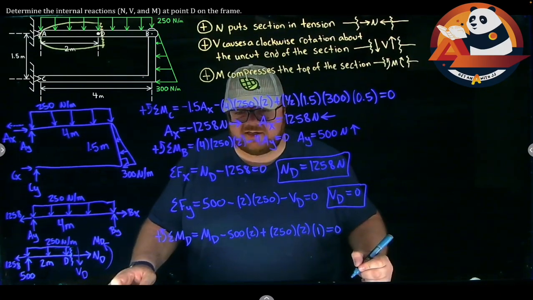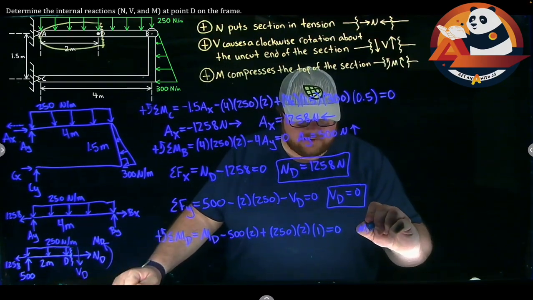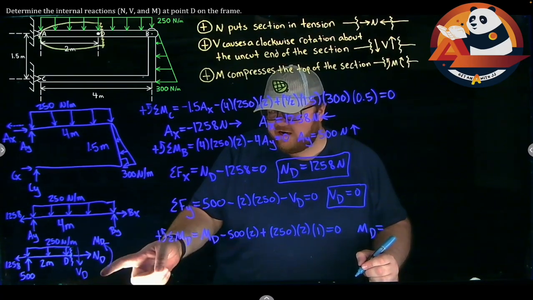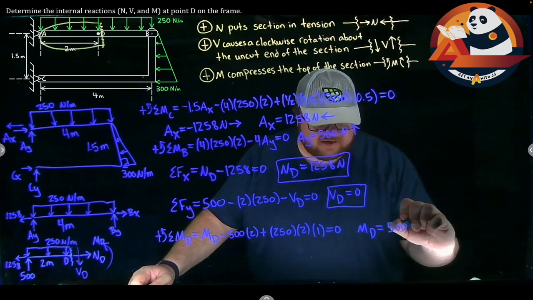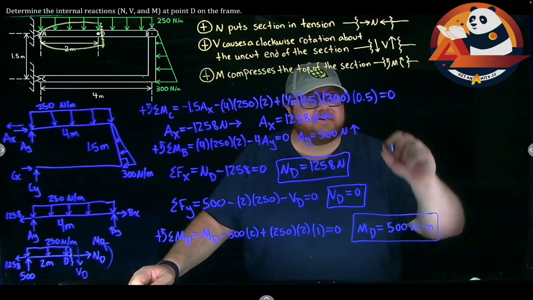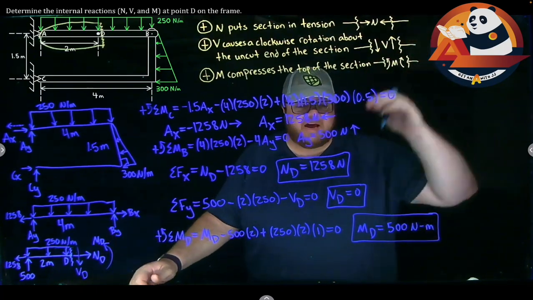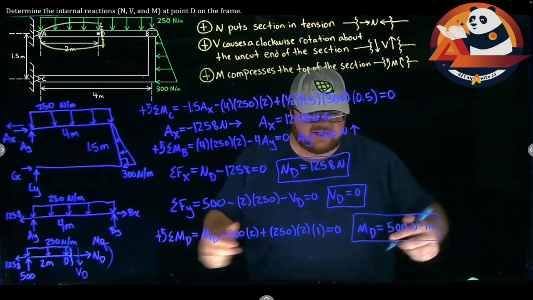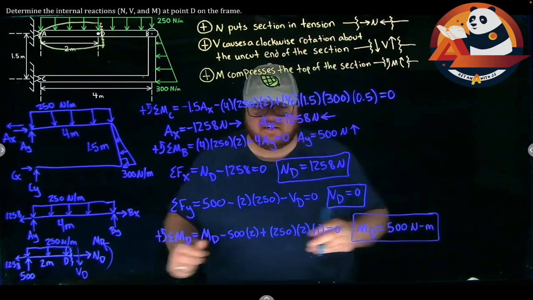That should get me all the way to 0, which I can solve for MD. I'm going to get that the internal moment at point D is 500 Newton meters. And again, because we have a standard sign convention that's commonly used in industry, I don't need to put in a counterclockwise or clockwise arrow on these. Just leave it as is. Don't drop a sign. Just leave it exactly what your equation solves out to be.